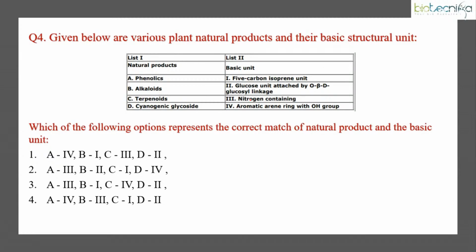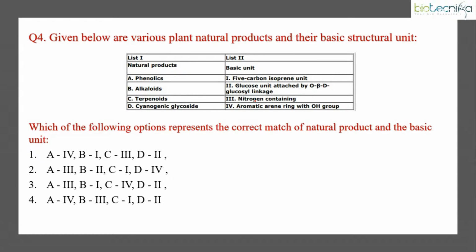In Unit 6, one feature is that you always expect direct questions, the majority of times. So if your concepts are clear, unlike other units where experimental questions are asked on a regular basis, Unit 6 is something which gets questioned specifically from one book, that is Taiz and Zeiger.